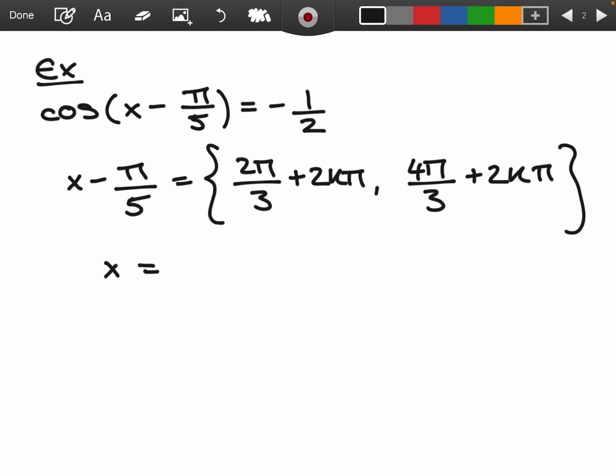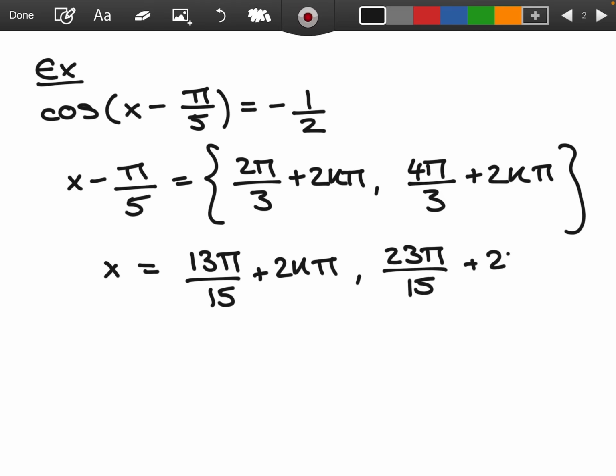So x is equal to 2 pi over 3 plus pi over 5 plus any angle that is coterminal to that. So 2 pi over 3 plus pi over 5 gives me 13 pi over 15 plus integer multiples of 2 pi, and then 4 pi over 3 plus pi over 5 gives me 23 pi over 15 plus integer multiples of 2 pi.